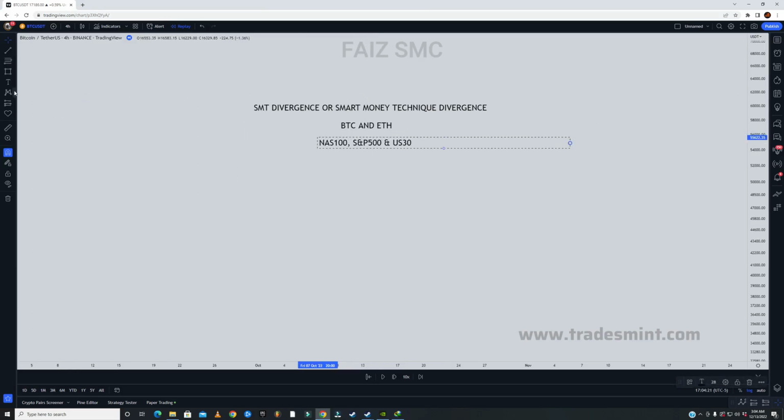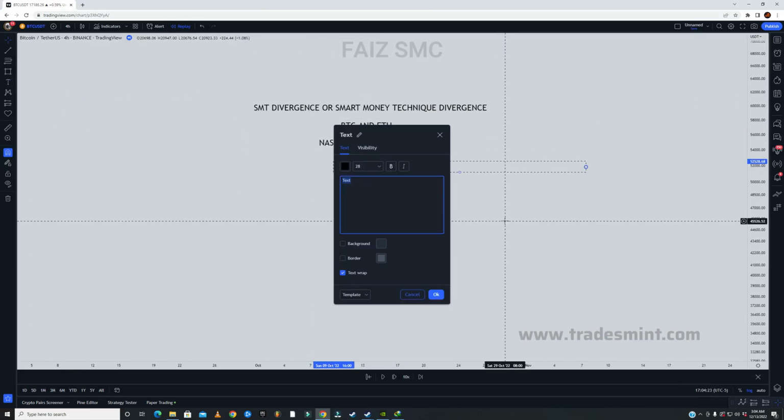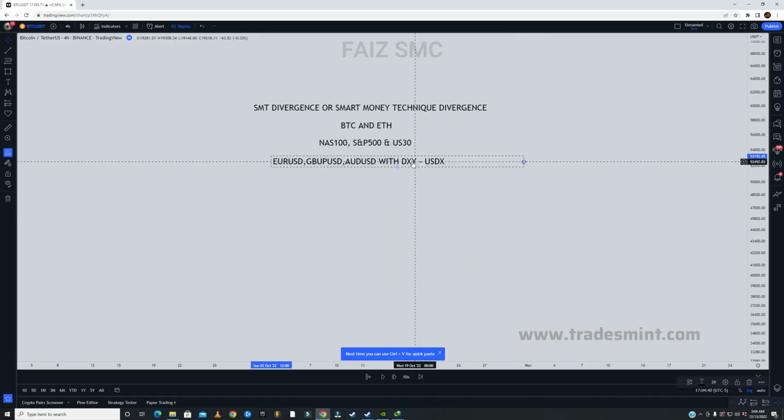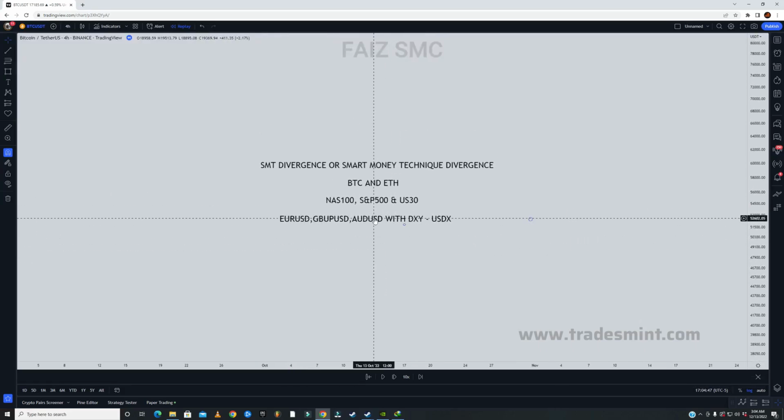Now for forex, you could use EUR USD, GBP USD, AUD USD with the dollar index, DXY, also called USDX. Now what is DXY? It is a dollar index. It shows the strength of the dollar.